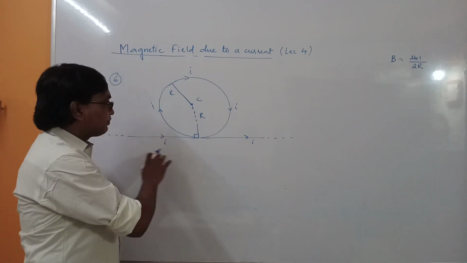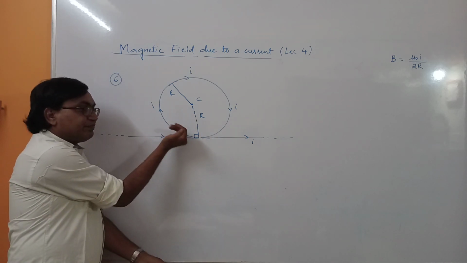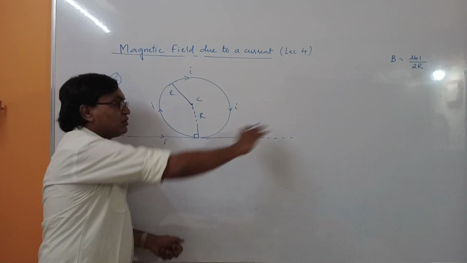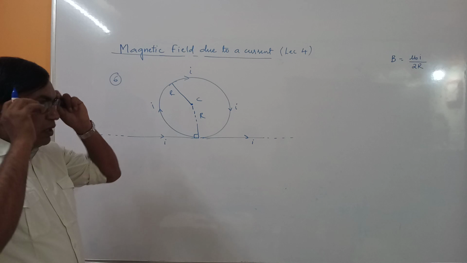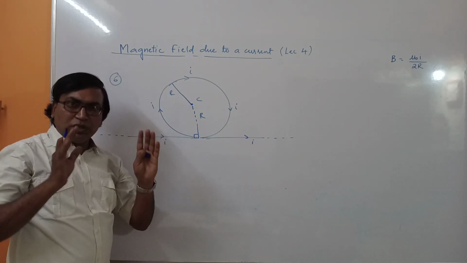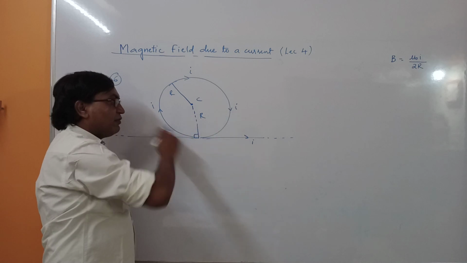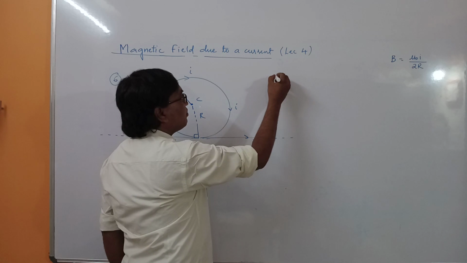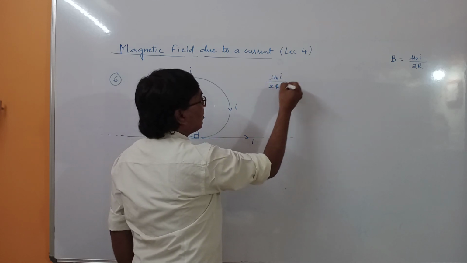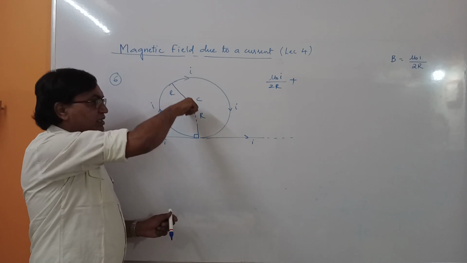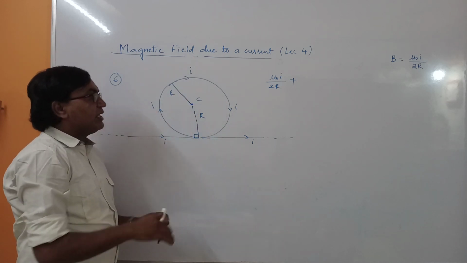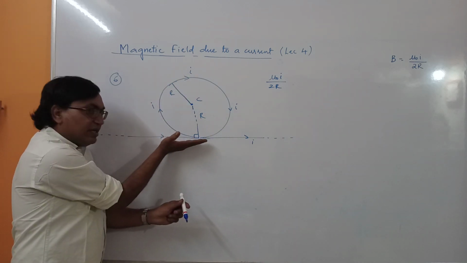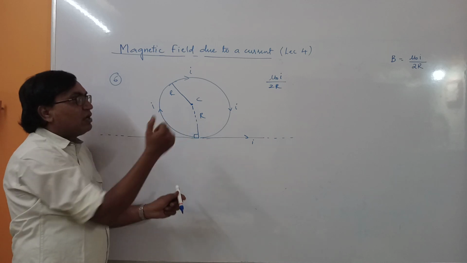Now if you see here, magnetic field due to this wire is outside the board, and magnetic field due to this wire is also outside the board. So we can assume this whole wire as an infinite wire, or assume them as semi-infinite, both the fields will add up. Then we have a circular wire, so magnetic field due to this circular wire at its center is mu naught I by 2R, inside the board. The magnetic field due to the infinitely long wire is outside the board.